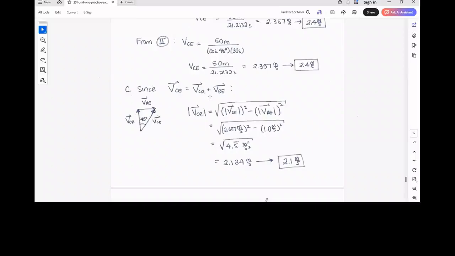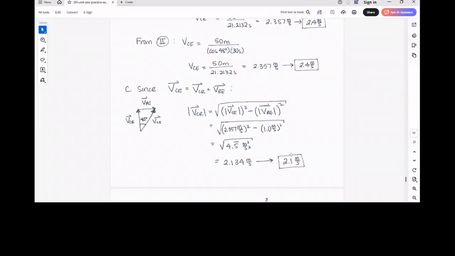This is that trick that we used where the middle subscripts cancel out when you arrange them in this way. So to figure out what VCR is, again, I could just use the Pythagorean theorem. So the square of 2.357 meters per second minus the square of the river's velocity relative to Earth, 1.0 meter per second, quantity squared, that leaves me with 2.1 meters per second.